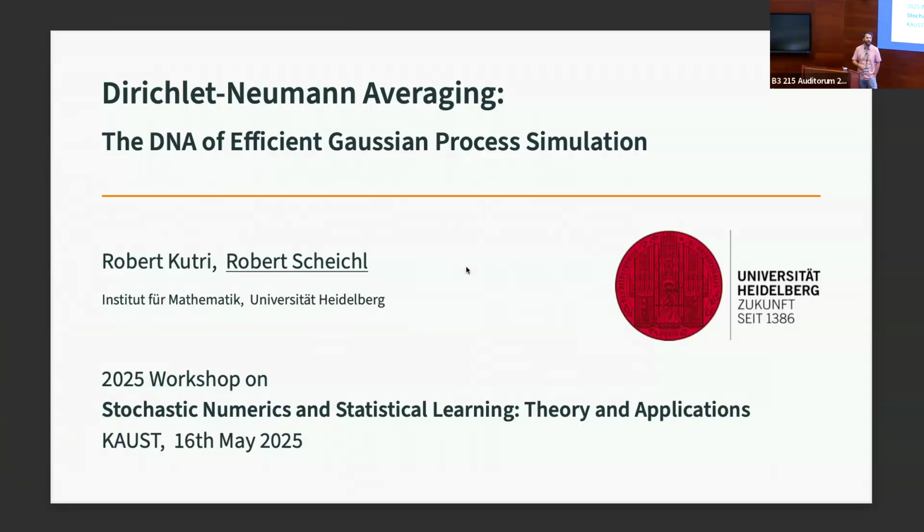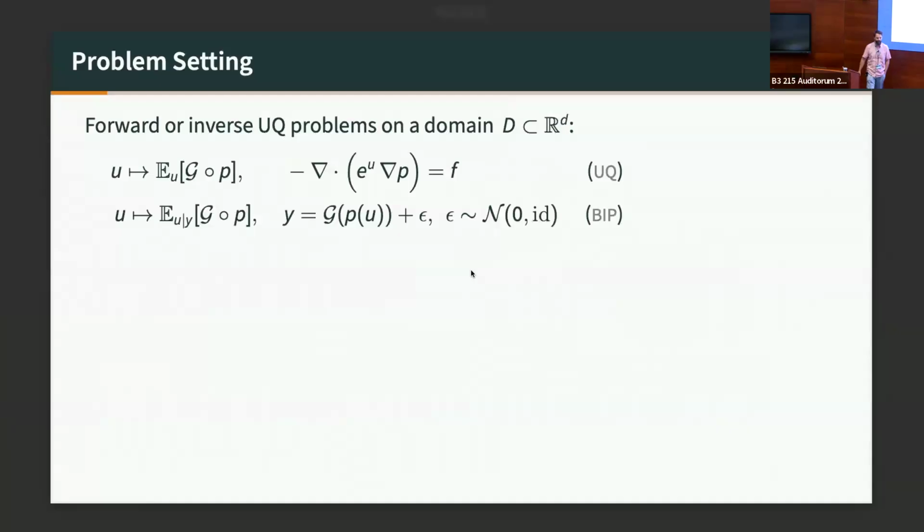So in particular, I'm interested in how to efficiently simulate Gaussian processes, which might be used in uncertainty quantification or in inference. This is joint work with my PhD student, Robert Coutry, who I should credit for doing most of the work on this.